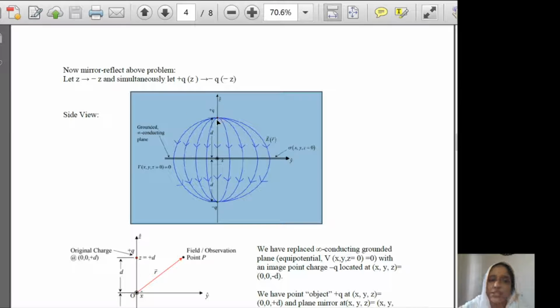The charge will start from positive charge Q and end on negative charge Q. This charge minus Q is imaginary. It does not exist. It's just my imagination that there is a charge again with minus Q at the distance d.